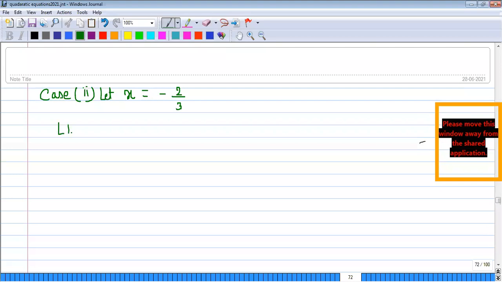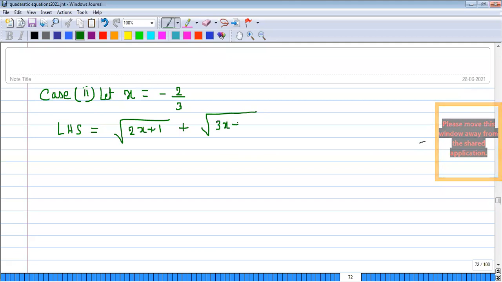Here, left hand side, that is root of 2x plus 1 plus root of 3x plus 2. See, root of 2x plus 1 will be minus 4 by 3 plus 1, plus root of, this will be minus 2 plus 2.